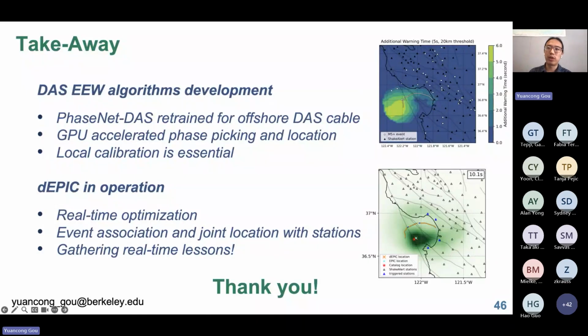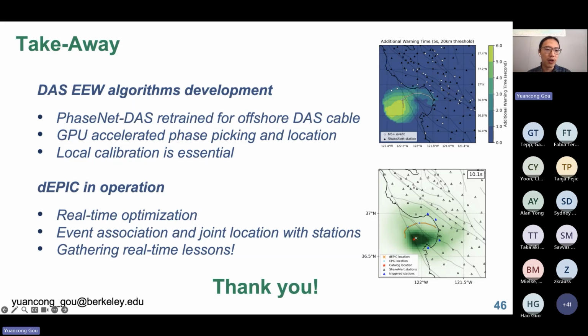I'm going pretty fast, but the takeaway is we developed this DAS early warning algorithm. It consists of a machine learning model for phase picking, and we have optimized algorithms for very fast picking and location, and local calibration is essential for the magnitude estimation.